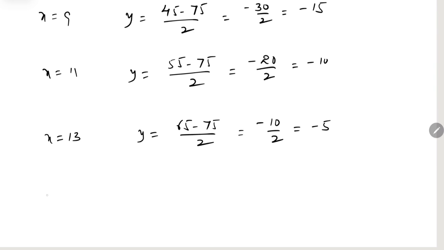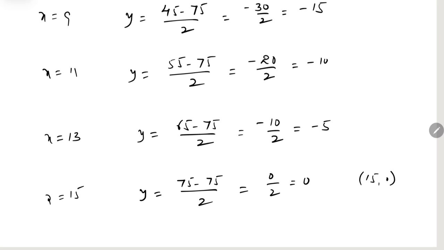If I take x value as 15, we get y is equal to 75 minus 75 by 2, 0 by 2, which becomes 0. Now (15, 0): on multiplication of these two, 15 into 0 is equal to 0, but we need the multiplication to be less than 0, so it is not possible.